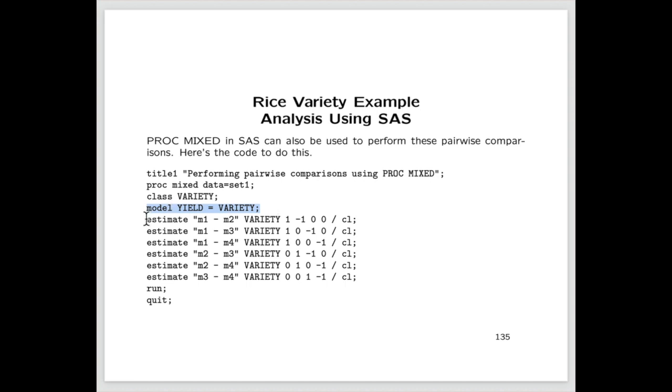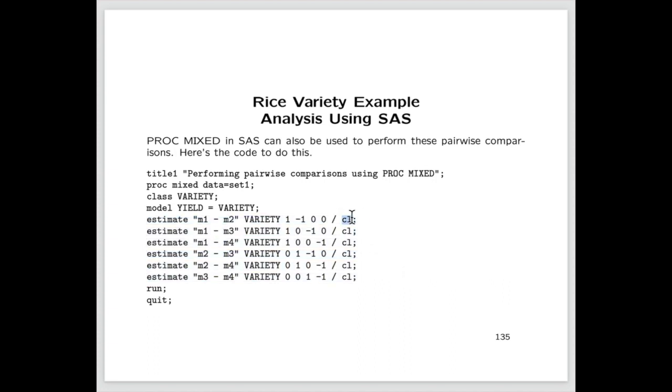And then I'm not going to repeat the contrast statements. We've already done that in GLM. You're not going to get any different output from Proc Mixed from the contrast statement. But the estimate statement in Proc Mixed has an option that we can use to get the confidence limits. And that option is CL.